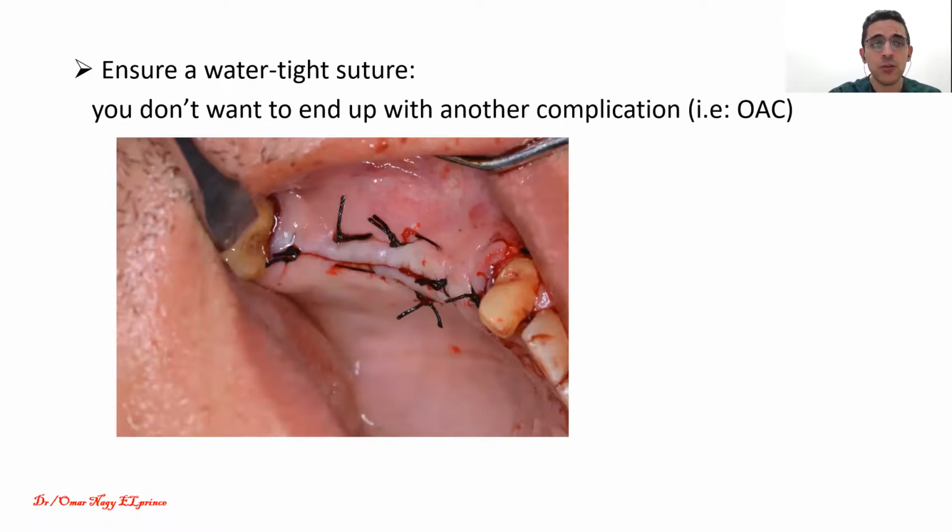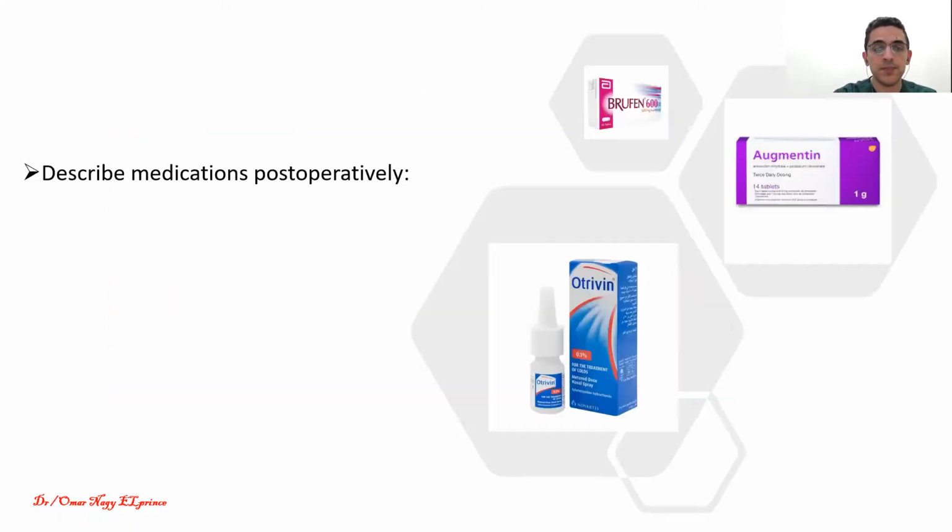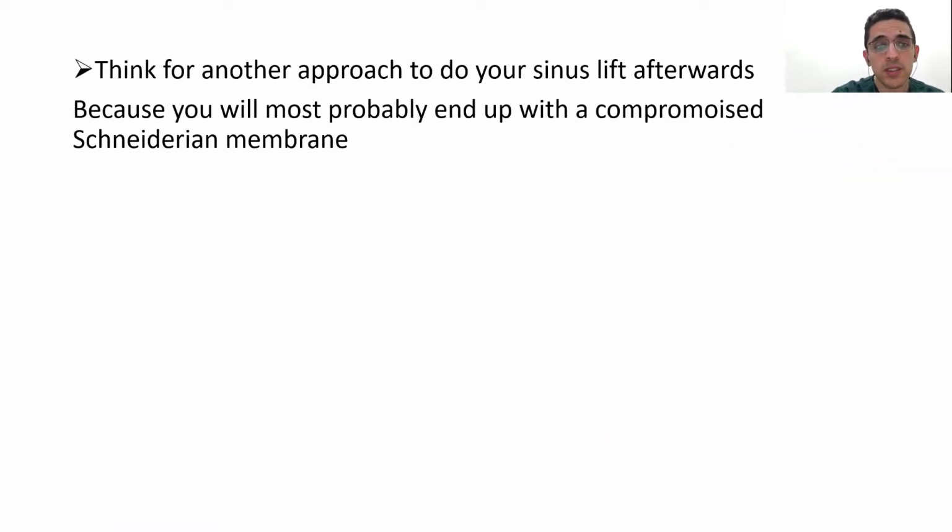Just make sure that you are making a watertight suture like horizontal methods, and make sure that you are fixing your flap again without any tension, so you don't end up with another oro-antral communication. And of course, like any sinus surgery, you should prescribe analgesics, antibiotics, and of course, nasal decongestants.